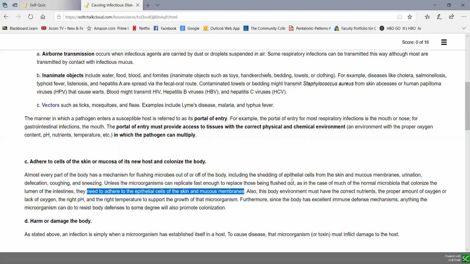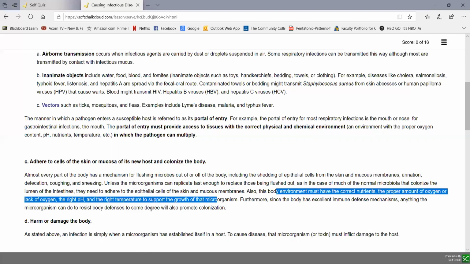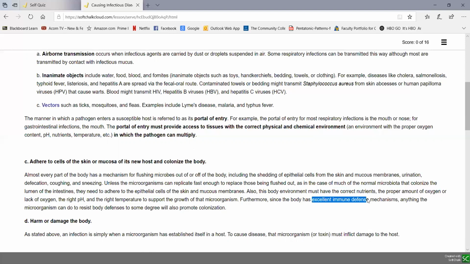And of course, as we mentioned, that body environment has to have the correct nutrients, the proper amount of oxygen or lack of oxygen, the right pH, the right temperature to support growth. And of course, keep in mind the body has excellent immune defenses. So anything a microbe can do to resist our body's innate immunity or our body's adaptive immunity is going to help promote colonization of the organism within our body.